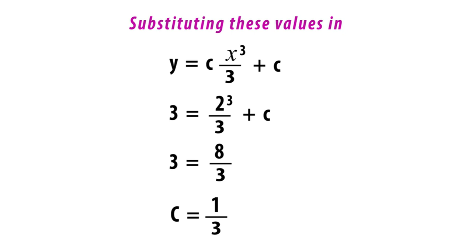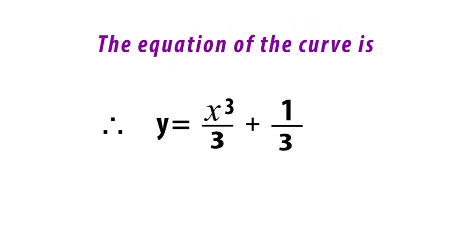So 3 is equal to 8 divided by 3 plus c, because 2 cubed is 8. When we work this out, we will have c equal to 1/3. Therefore, the equation of the curve is y is equal to x cubed divided by 3 plus 1/3. I hope it's becoming clearer.